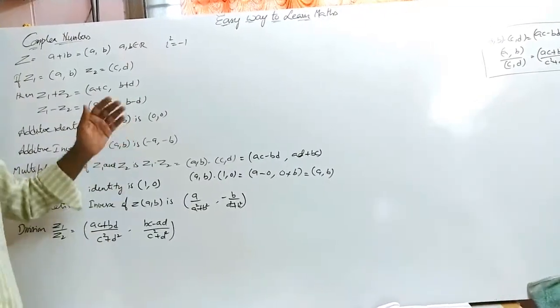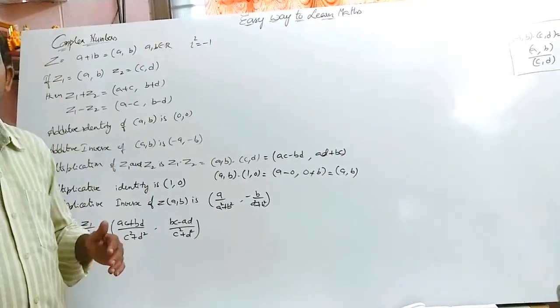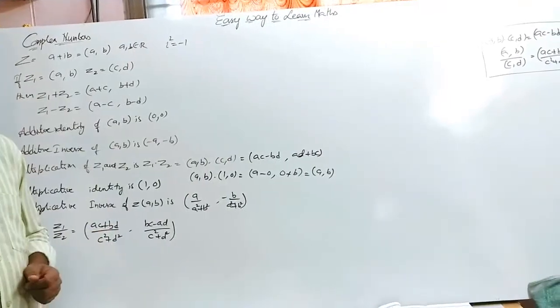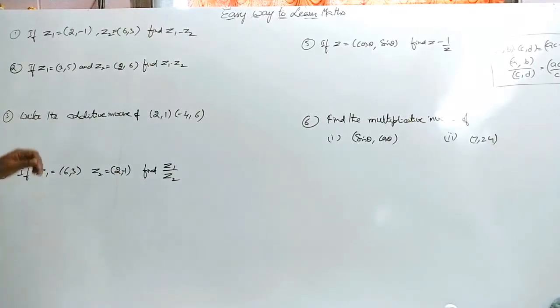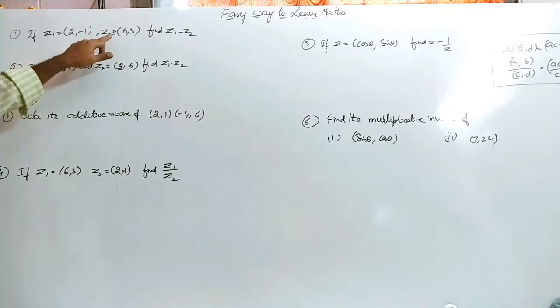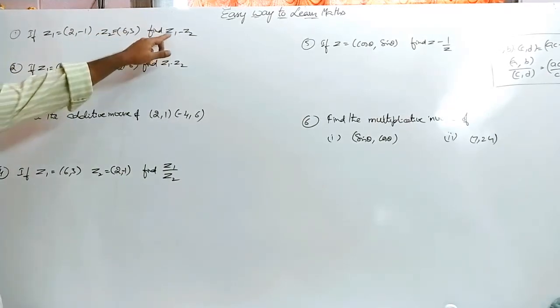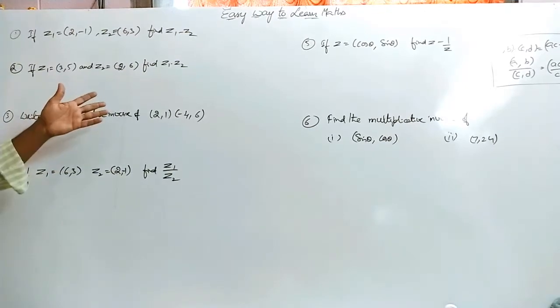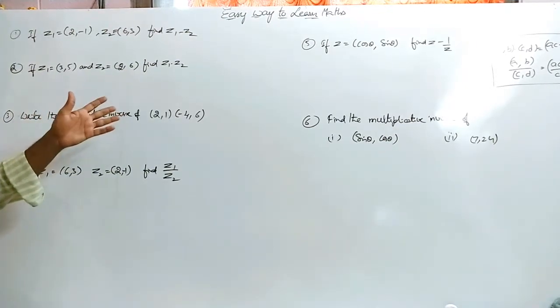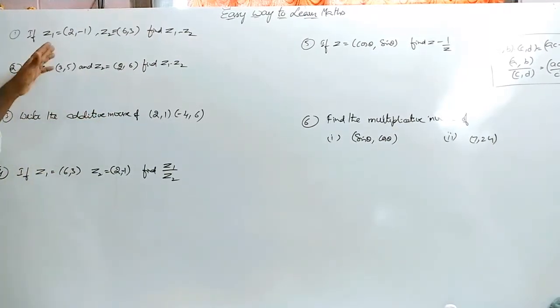Now, based on these properties and formulae, let us solve some problems. Here, if Z1 equal to (2, minus 1) and Z2 equal to (6, 3), find Z1 minus Z2. We already explained that for either Z1 plus Z2 or Z1 minus Z2, we have to make use of that.